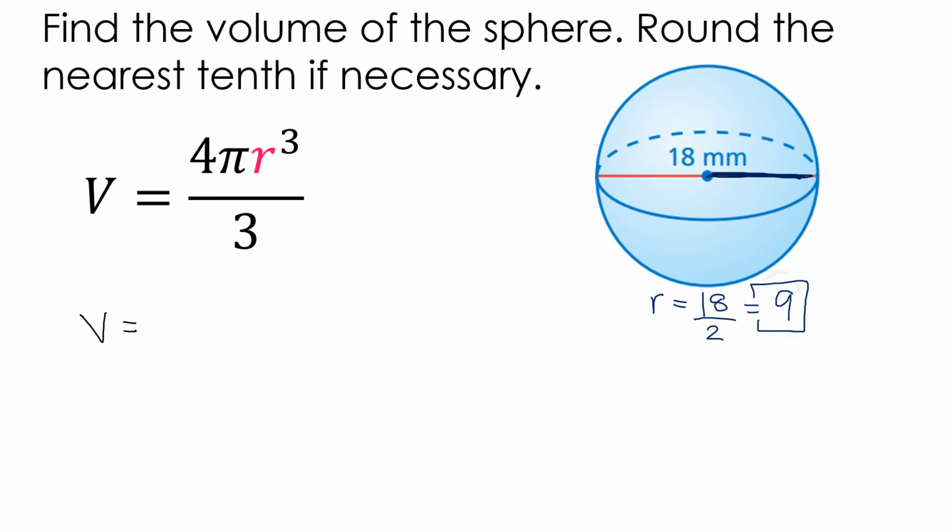So volume equals 4 times pi, which is 3.14, times the radius of 9 raised to the third power, all divided by 3. Let's type that into our calculator.